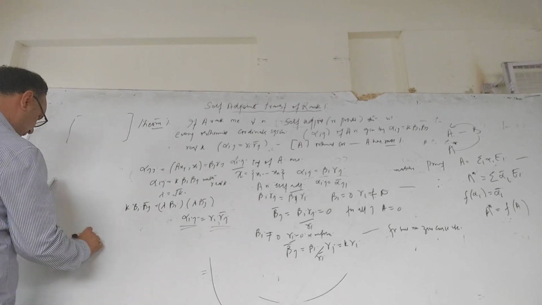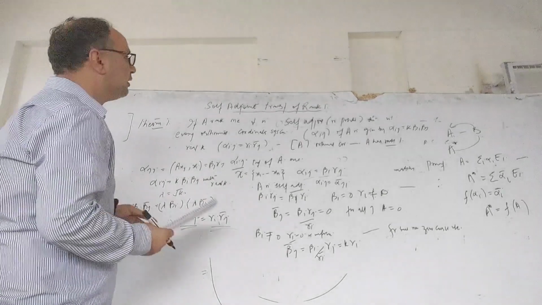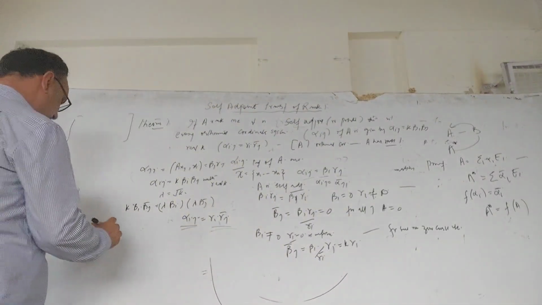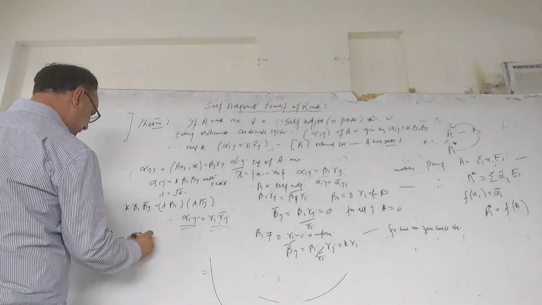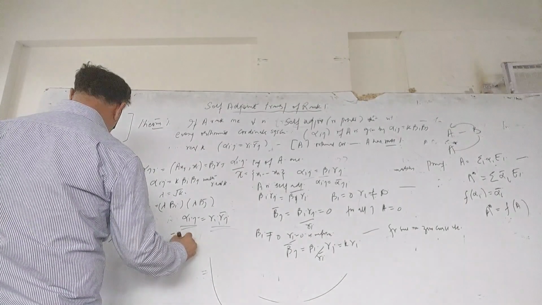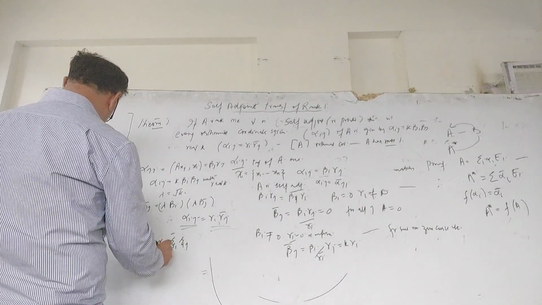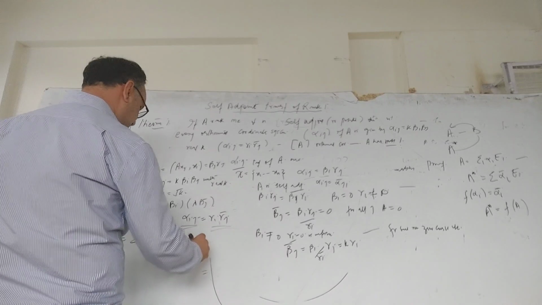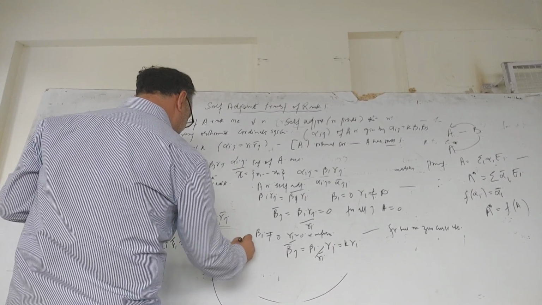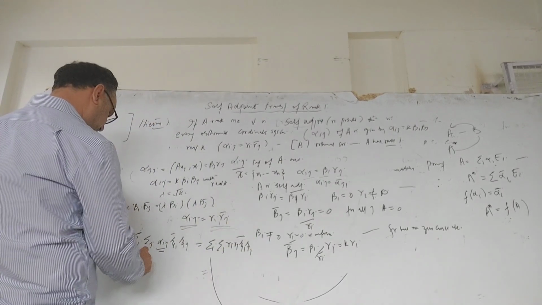Self-adjoint transformations can be written as the sum over i, j of alpha ij zeta i zeta j bar, where one of them is the complex conjugate. So if you write alpha ij in terms of gamma i gamma j bar, one of them is the complex conjugate.